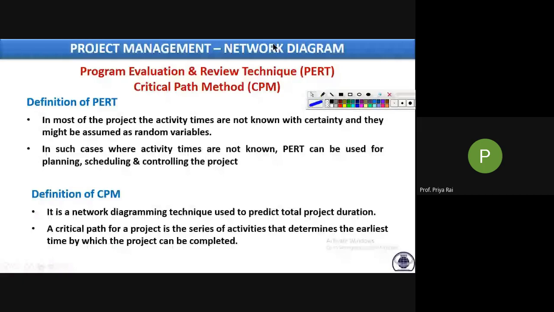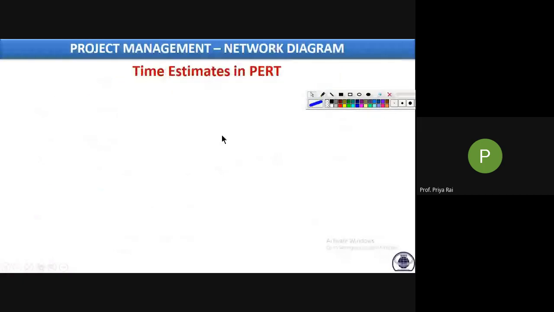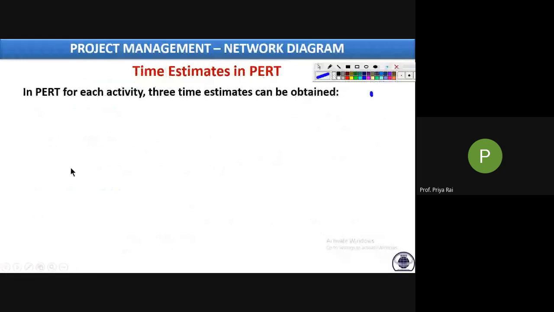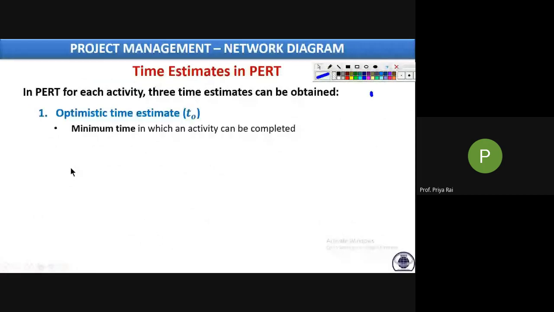Now comes this one. In PERT, there are basically three types of time estimates that need to be provided with an activity. That means for a particular activity, we will be given three times in case of PERT. Whereas in CPM, we are provided with only one Dij, which is one duration value. But in PERT, you will get three values. Now, what are those three values?